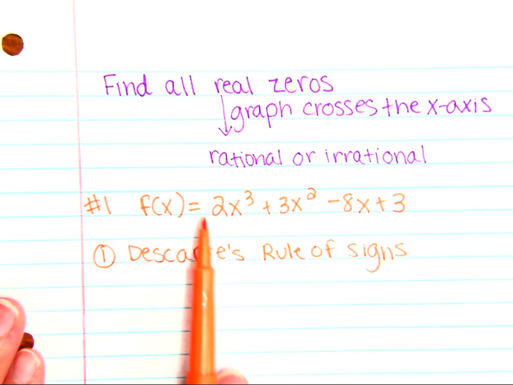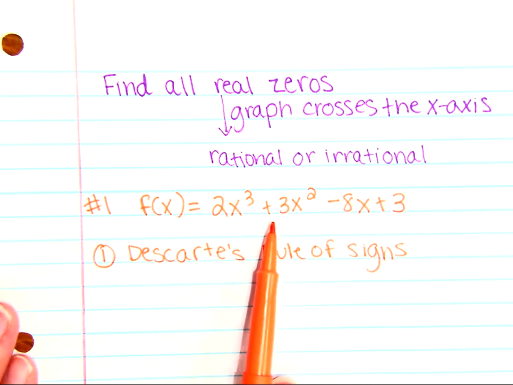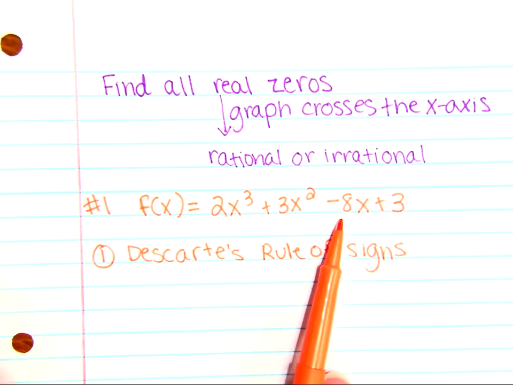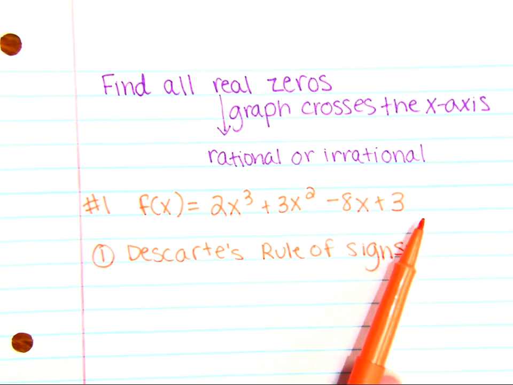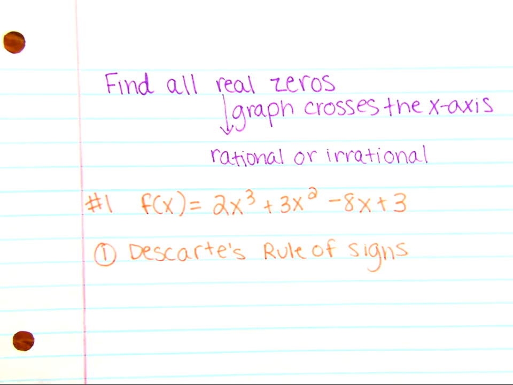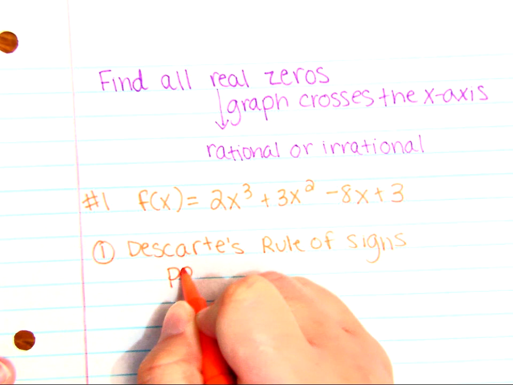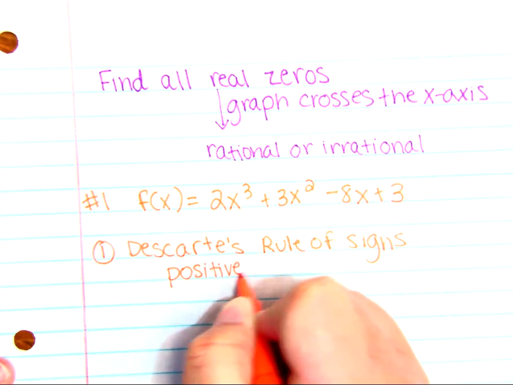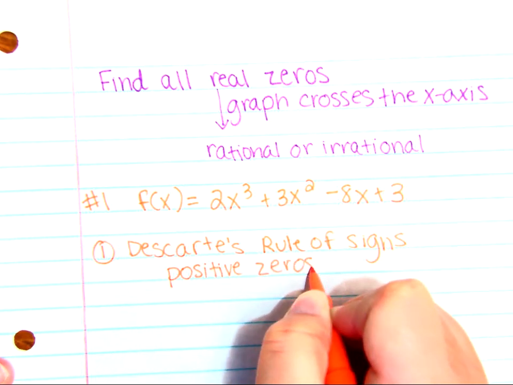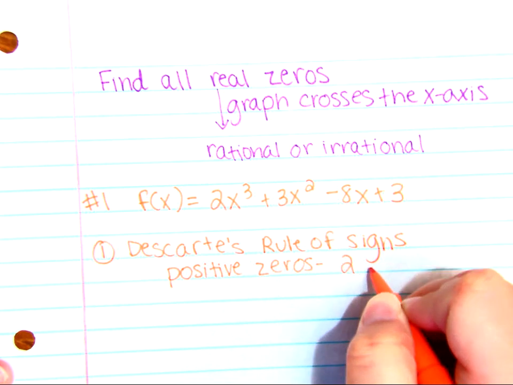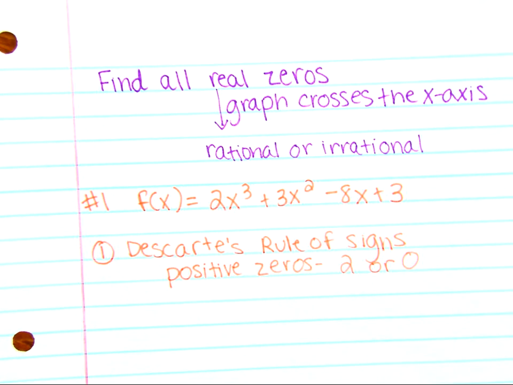So here, I go from positive, positive, so that's not a change. Positive, negative, there's 1 change. Negative, positive, there are 2 changes. So my positive zeros are 2 or 0. So I'm either going to have 2 positive solutions or no positive solutions.